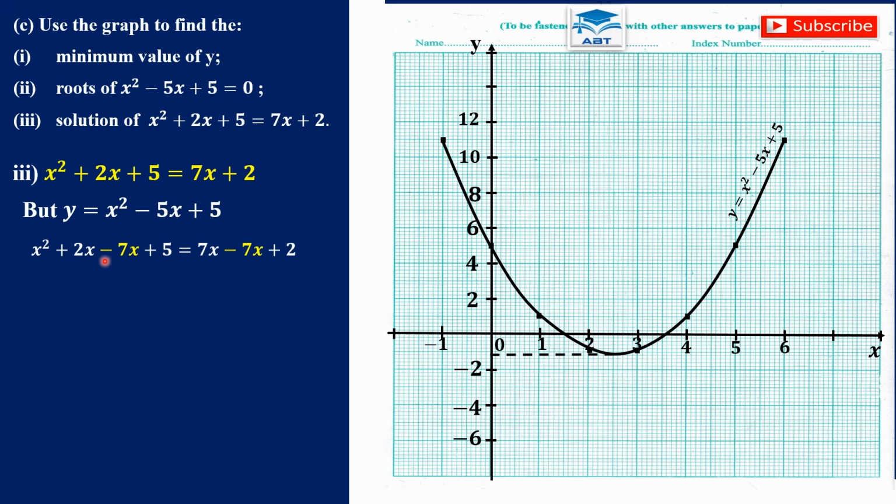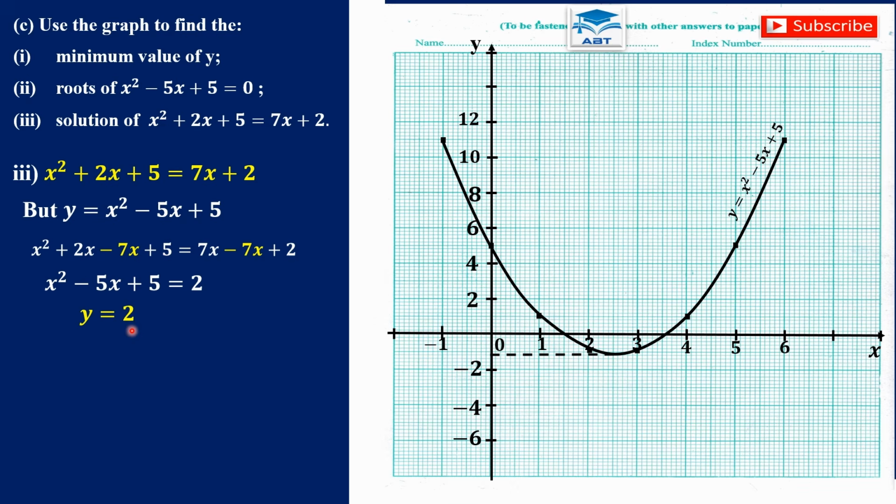And 2x minus 7x will be the negative 5x that we are looking for. 7x minus 7x is 0, so we only have 2 here. And x squared minus 5x plus 5 is the same as y, so we replace it. We are going to have y is equal to 2.